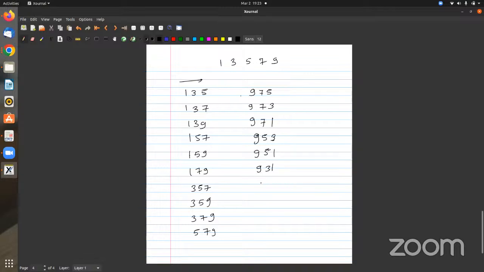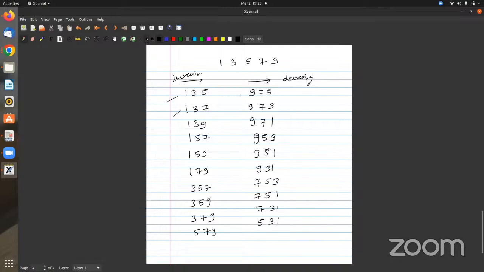That's it with 9. Then I'll start with 7: 753, 751, 731. And then the last one is 531. These are decreasing from left to right, and those are increasing from left to right.